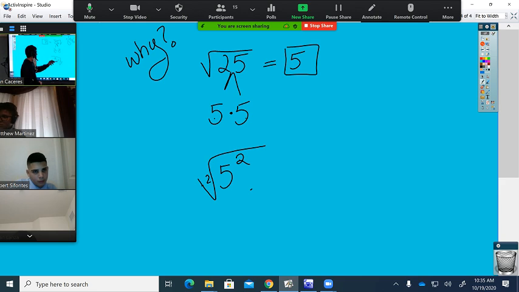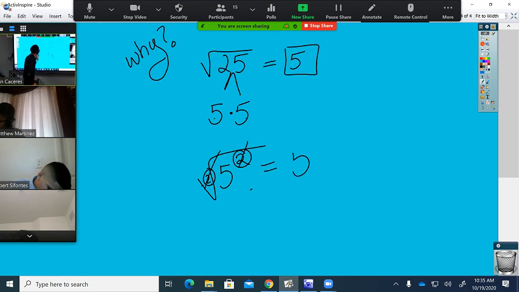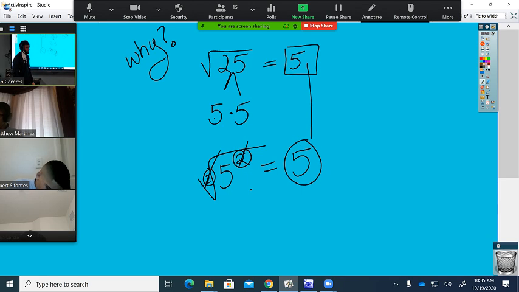What's the opposite of a square root? A square. So it cancels and it equals 5. This is why. Now you see how we wrote this with a square? You're not going to do that in this lesson. This is how to understand it.